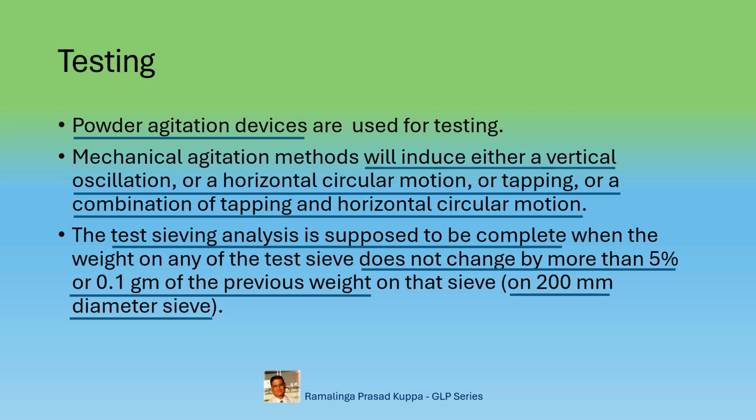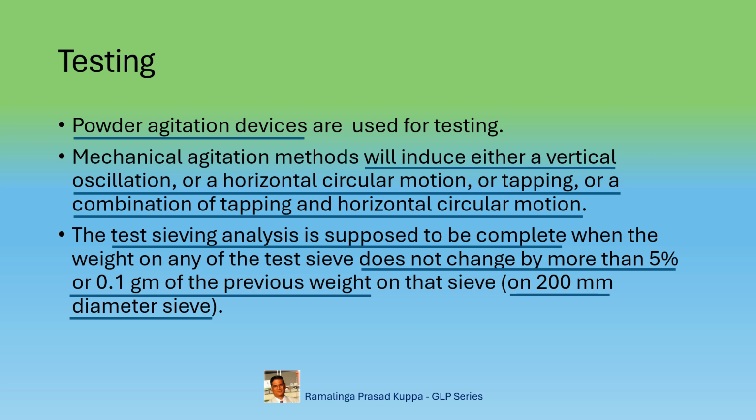The end point is considered complete when the difference between two weights after each operation should not exceed 5% of the previous weight or 0.1 gram on the same sieve. This is similar to constant weight in LOD test or sulfated ash test.